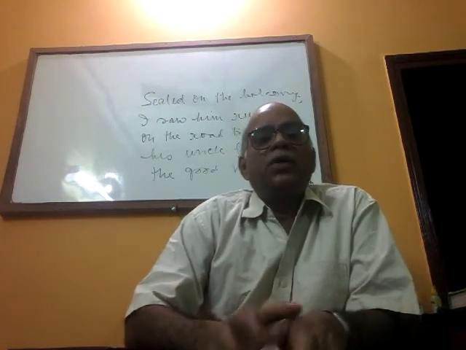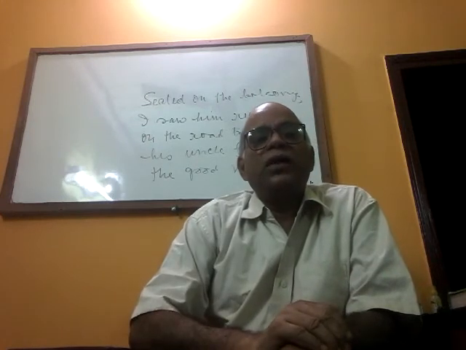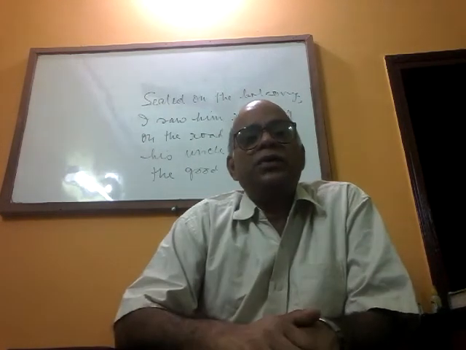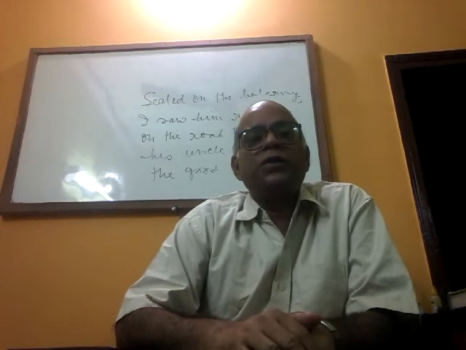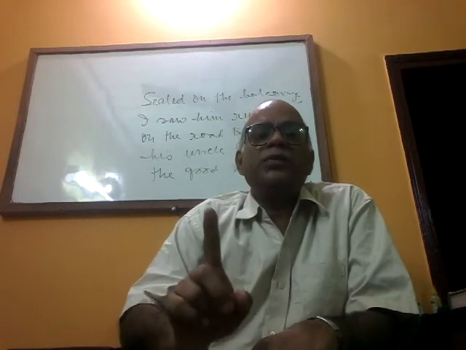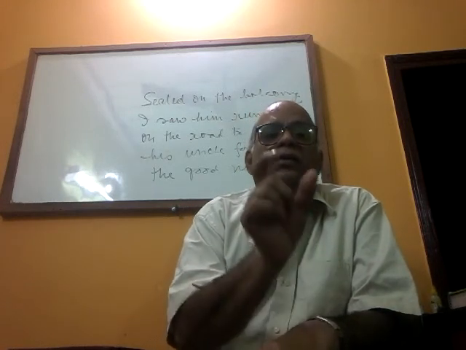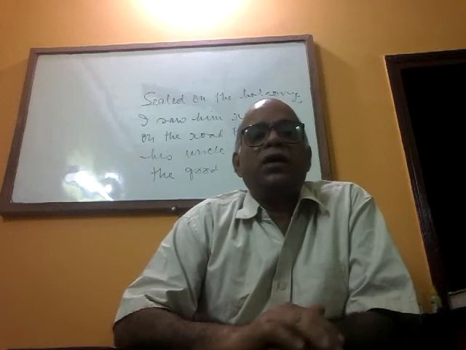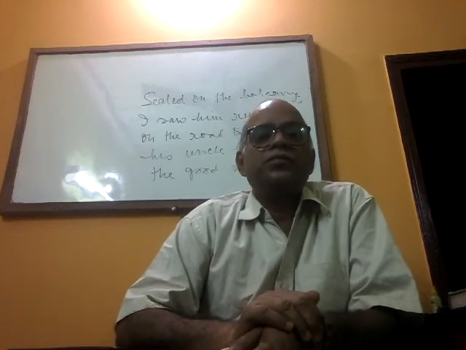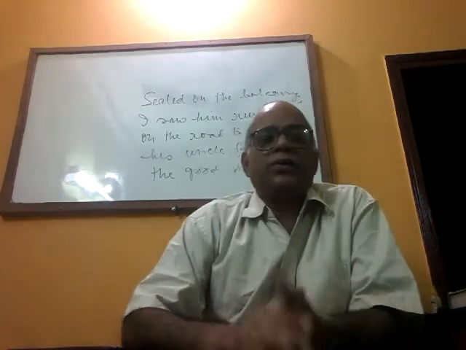Now clause is divided into two divisions, as I told you earlier: principal clause and subordinate clause. Principal clause has no division, but if there is more than one principal clause in a sentence, the first one is called the principal clause, and the other principal clauses are called coordinate clauses.